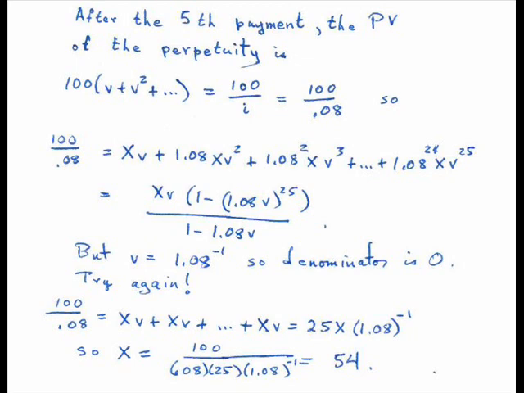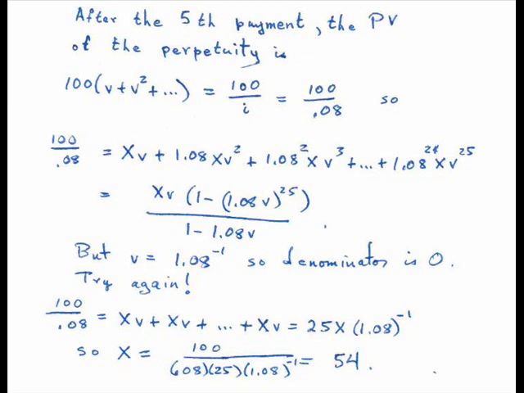The next term does have a 1.08V in it, and we replace that part by 1, and we're left with an X and another V that hasn't been used up. So we're left with XV in the second term. The third term also has a 1.08V. In fact, it has 2 of them. And when we replace those by 1, we're left with an X and the extra V. So we're left with an XV again.